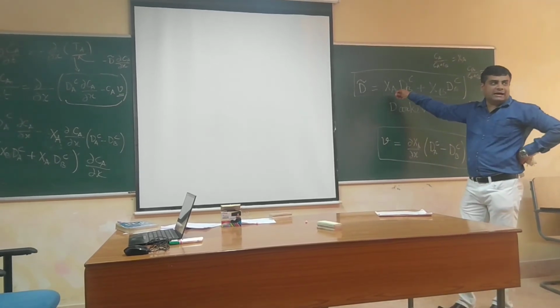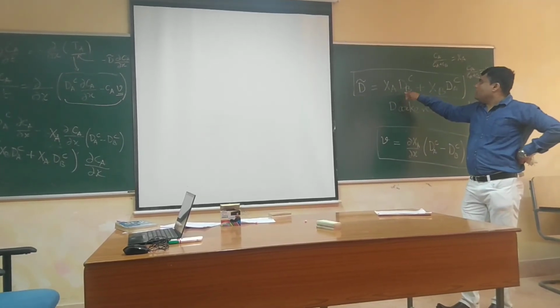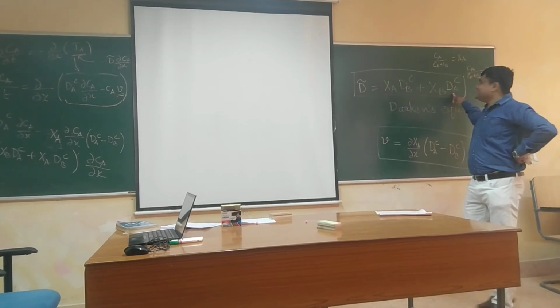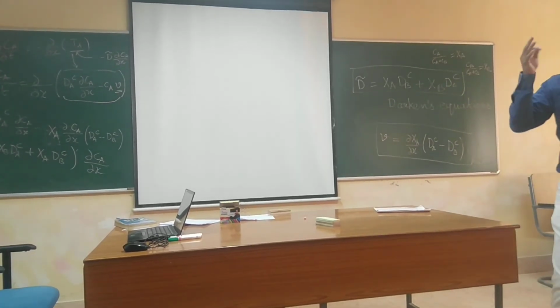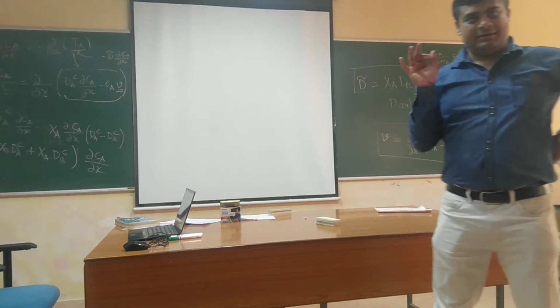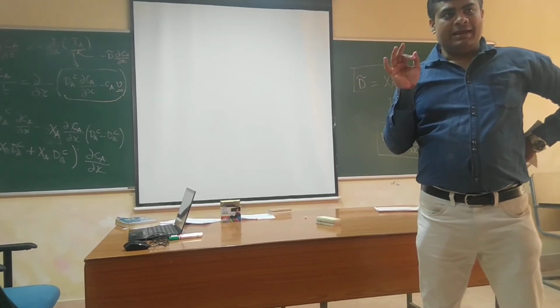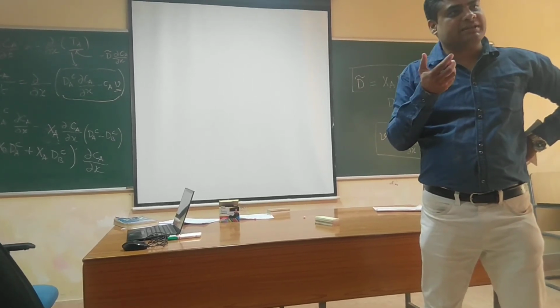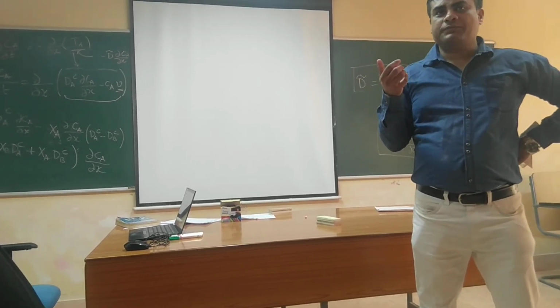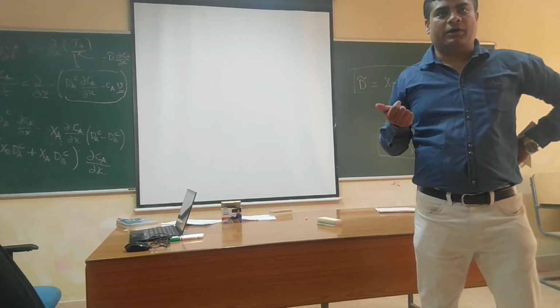So D tilde, now what is DBC and DAC? They are nothing but MKT multiplied by the thermodynamic factor. And what is MKT? It's nothing but the tracer diffusion coefficient of the corresponding composition of the alloy.